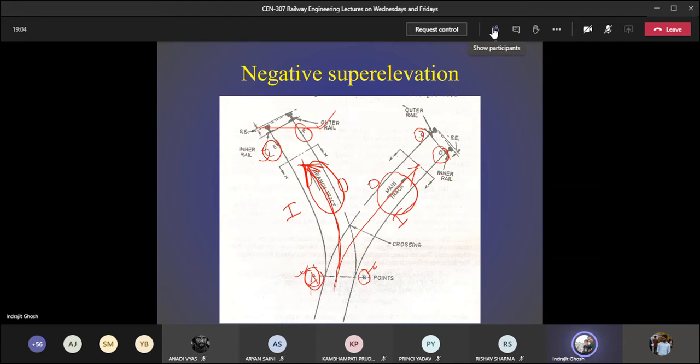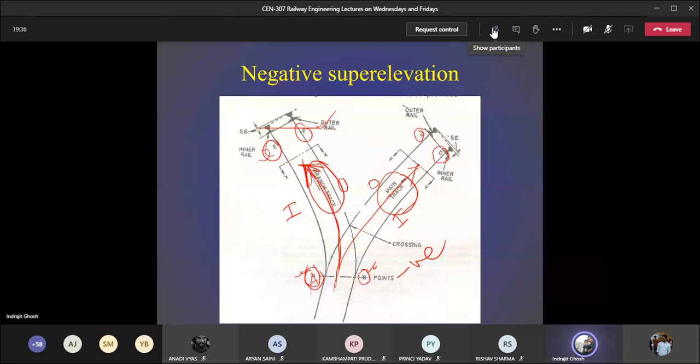You have a curve, but you have the inner rail at an elevated location and the outer rail at a lower location. So what do we call it? We call it negative cant or negative super elevation. This kind of situation is quite visible in Indian Railways as well.